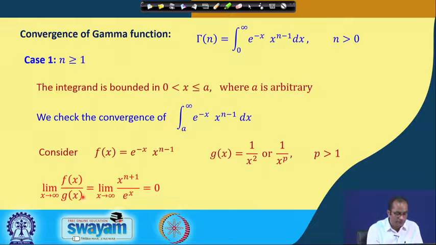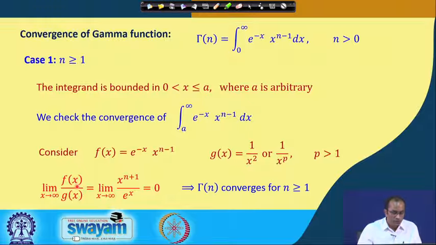The meaning here is that g is growing faster, or getting unbounded faster, as x approaches infinity, than the f function, and if the integral of this g converges, then naturally the integral of this f will also converge.